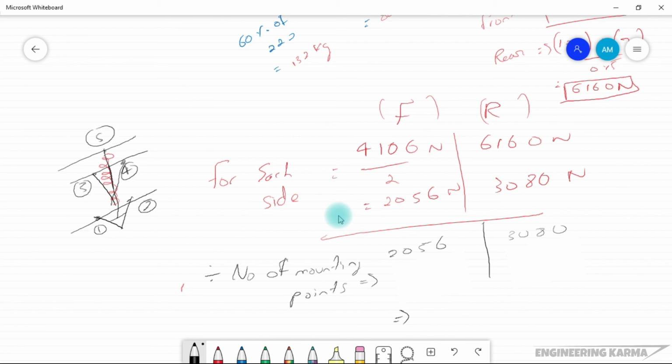The front suspension mount point is 5, so dividing the force by 5, I will get the force acting on each mounting point.